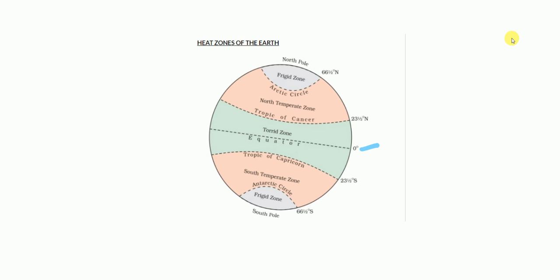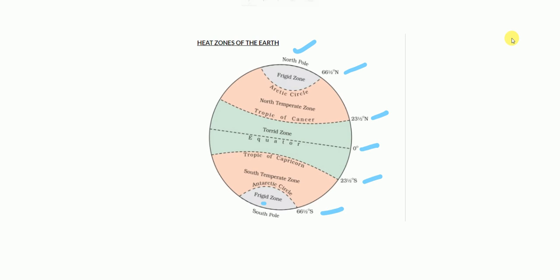Here we have the equator, and this is the Tropic of Cancer, 23.5 degrees north. This is the Tropic of Capricorn, 23.5 degrees south. This is the Antarctic Circle, 66.5 degrees south. Then this is the Arctic Circle, 66.5 degrees north, and these are the North Pole and the South Pole.